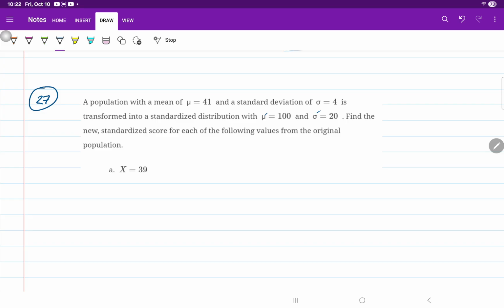Find the new standardized score for each of the following values from the original population.